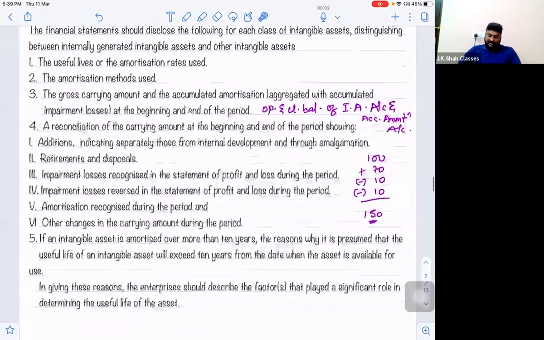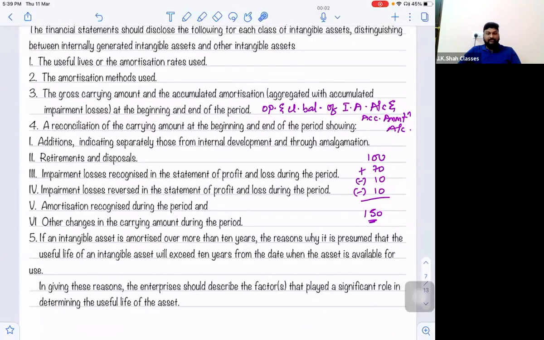Then lastly, if an intangible asset is amortized for a period greater than 10 years, then you have to give the justification of why the life is greater than 10 years. That is what the last and final disclosure is all about. Now, what they say: if an intangible asset is amortized over more than 10 years, the reason why it is presumed that the useful life of an asset will exceed 10 years from the date when the asset is available for use.